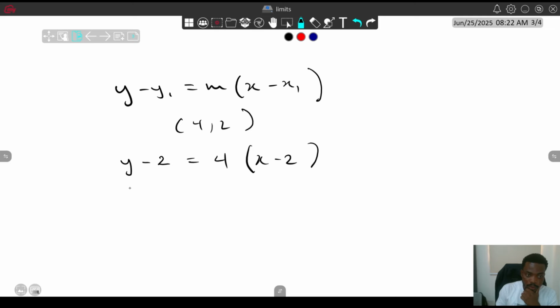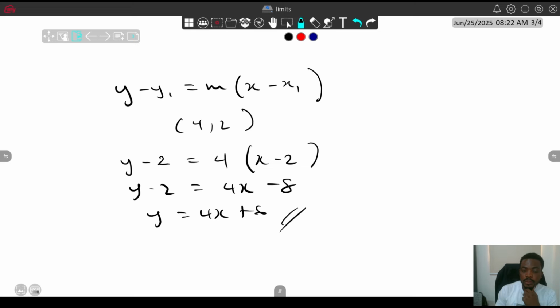So in that case, we have x minus 2 equals 4x minus 8, right? And then y equals 4x plus 6. So this would be the equation of our tangent line.